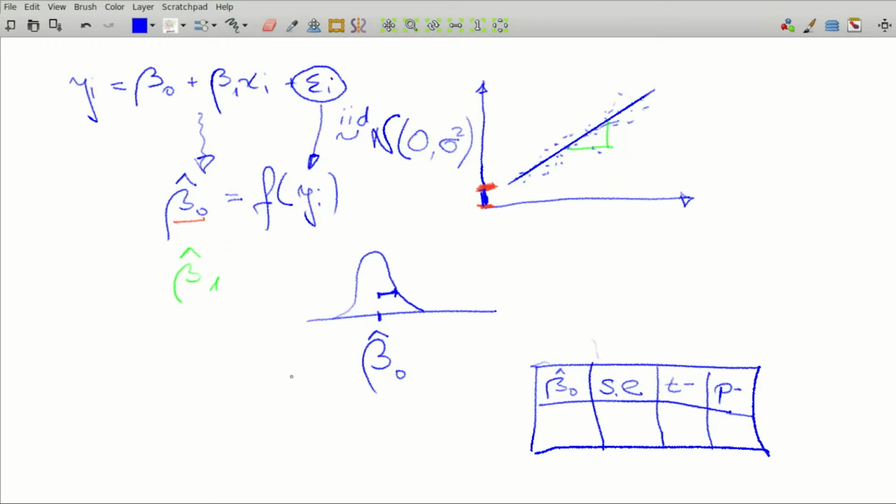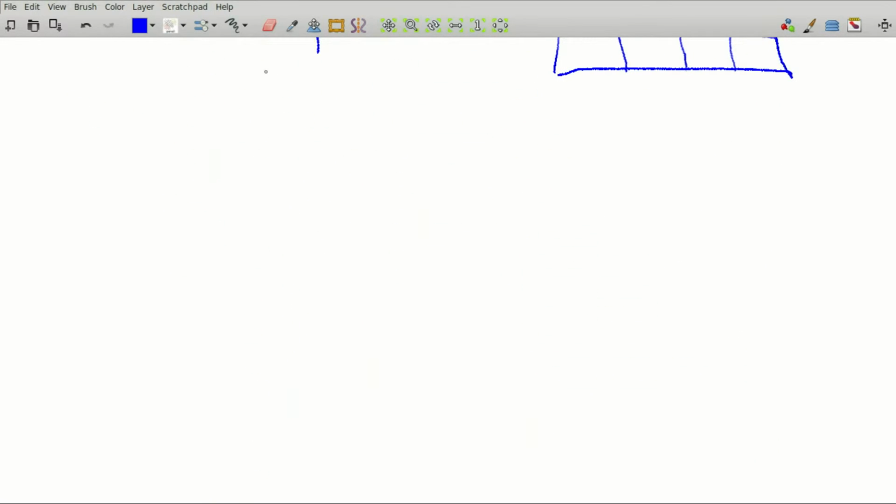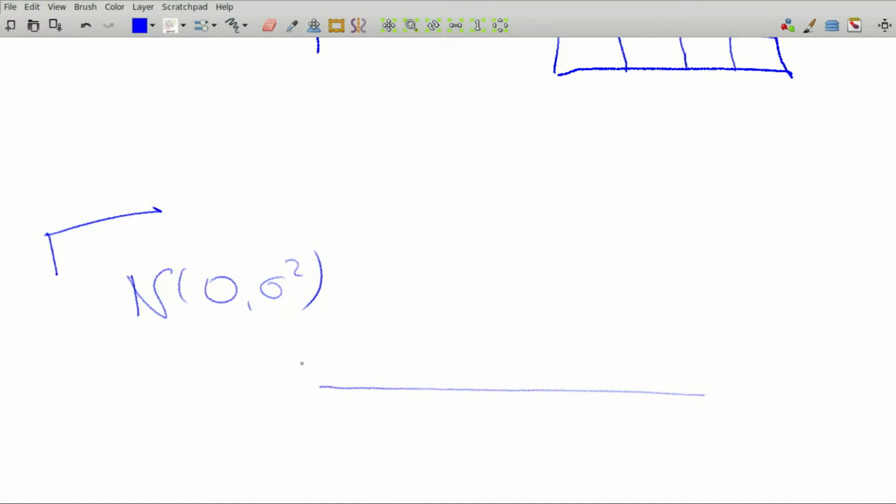Let's see. Quickly move this up. Oops, I want to do this. Yes, voila. Here, let's open a footnote. Here, if we have a Gaussian, 0 sigma square, this would be probably like that.